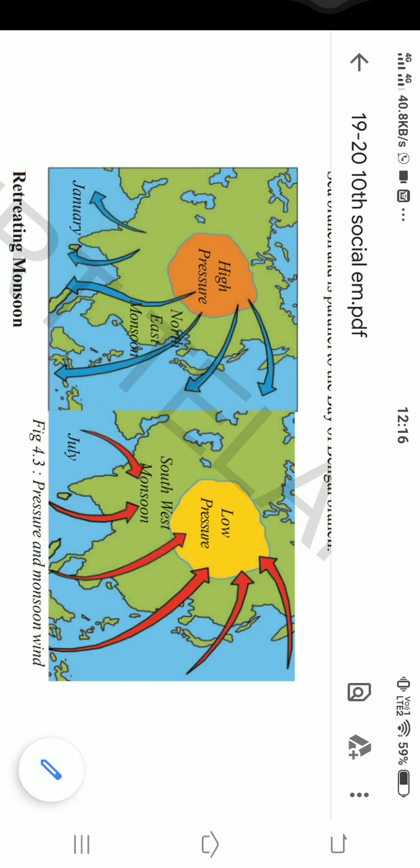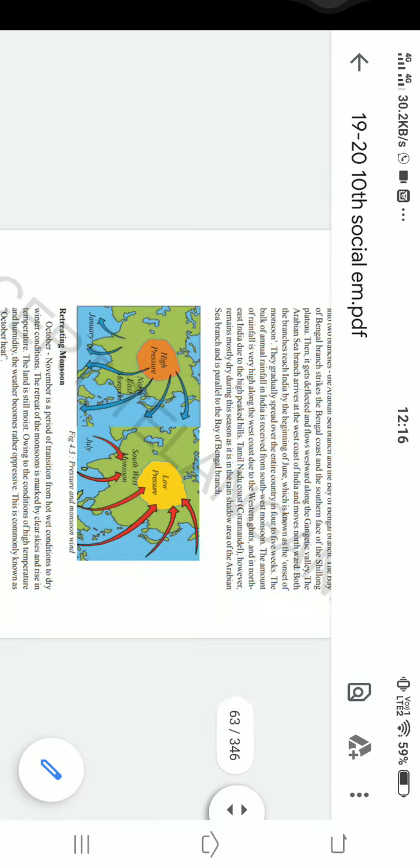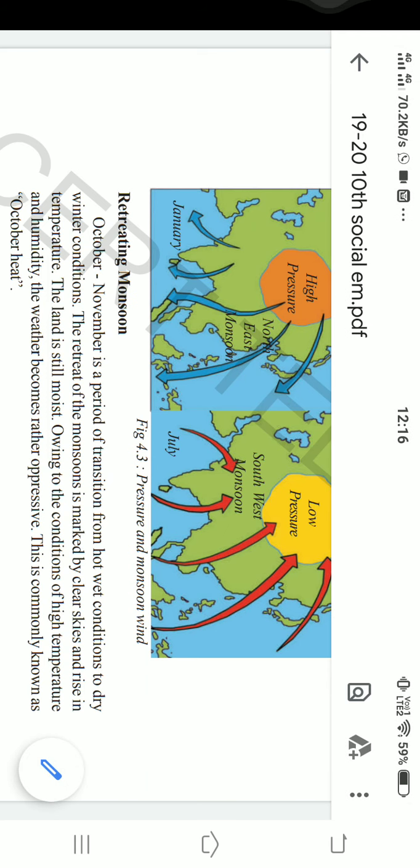So winds blow from the Indian Ocean to the Indian subcontinent in the direction of southwest. Understand? Actually, it is the southeast direction. But after crossing the equator, due to the Earth's rotation, that is called the Coriolis effect, winds deflect towards the southwest direction.